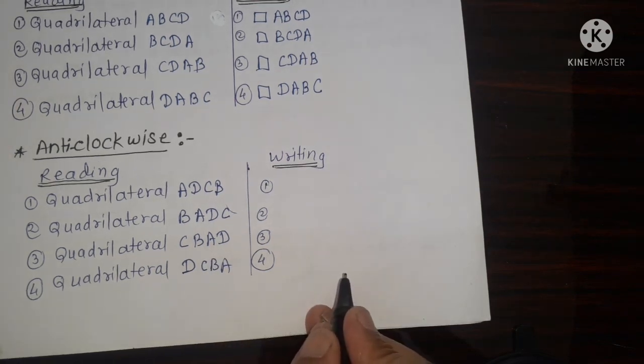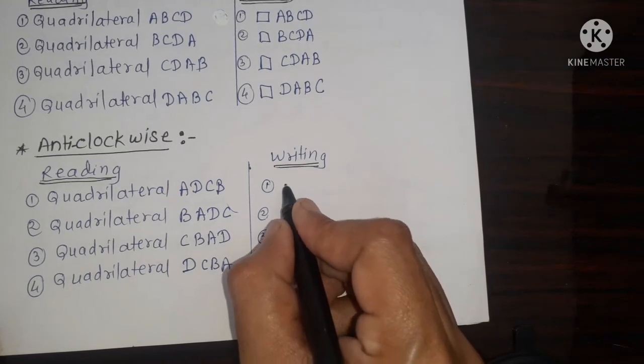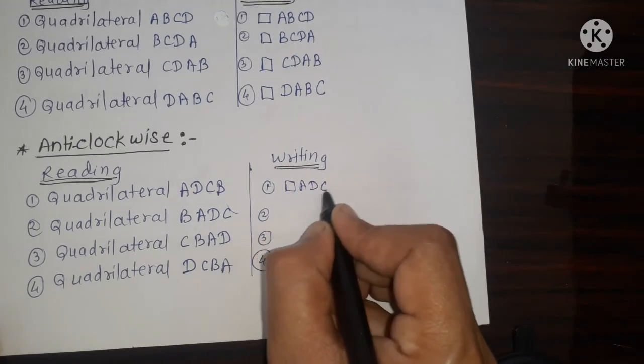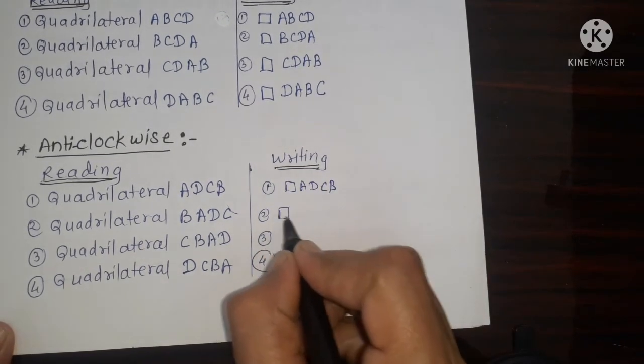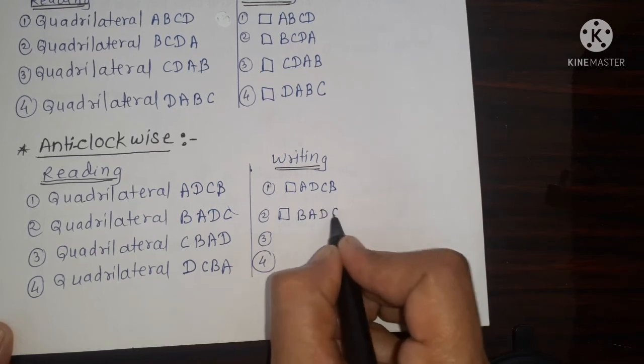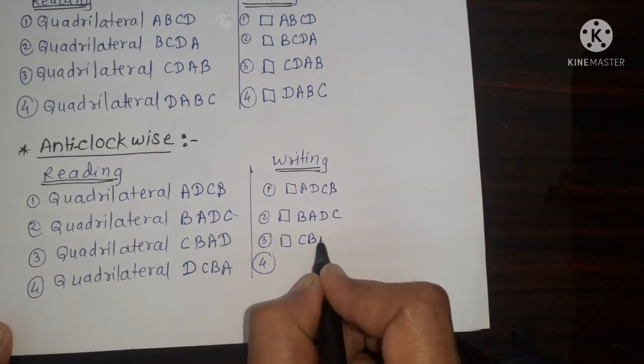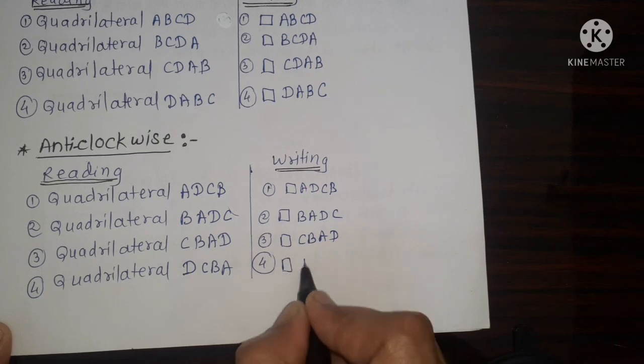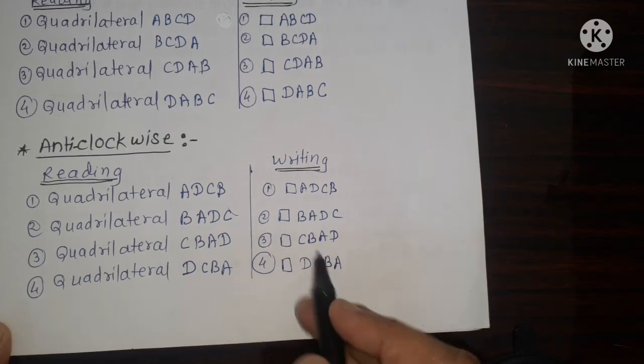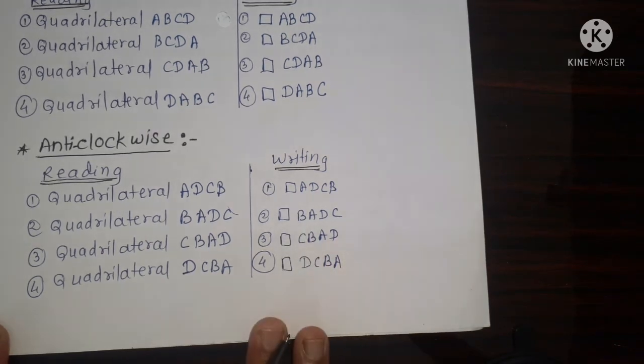Now we can write these names: quadrilateral ADCB, quadrilateral BADC, quadrilateral CBAD, quadrilateral DCBA. We use the sign of quadrilateral.